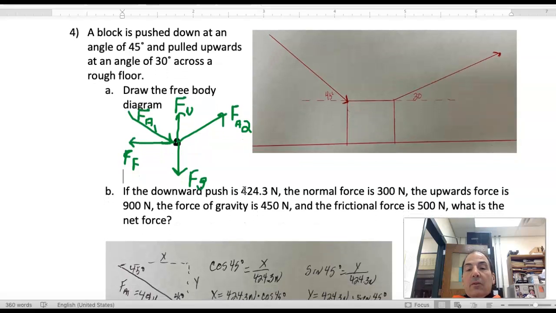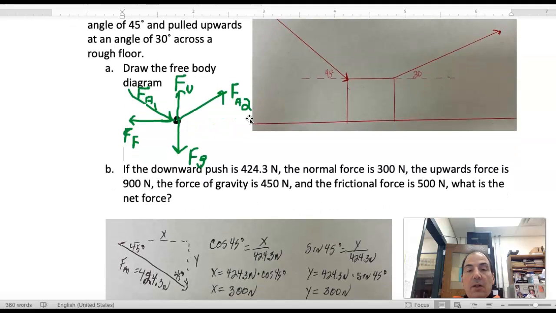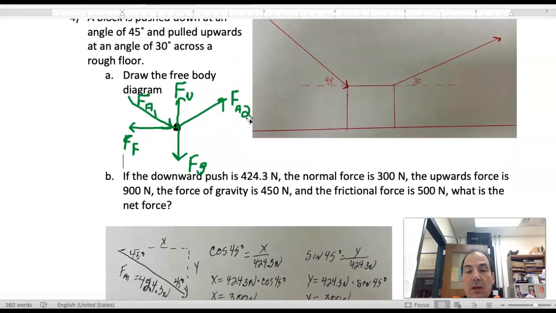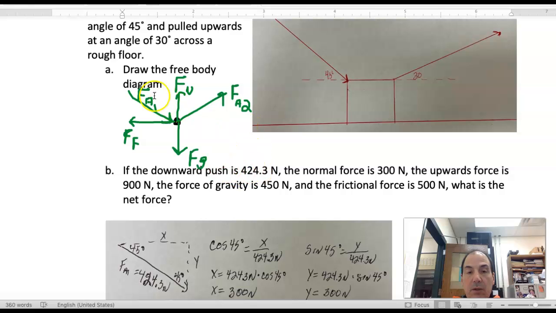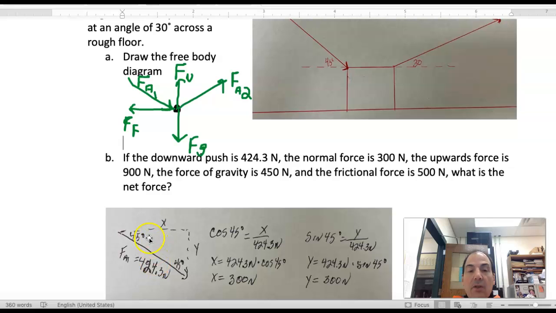So I have to break down FA1 into components. I have to break down FA2 into components. We know that the downward one, FA1, is 424.3 newtons, and it's at a 45-degree angle, so I draw my x and my y. Now in this case, because it's 45 degrees, I know that both of these answers are going to be the same.